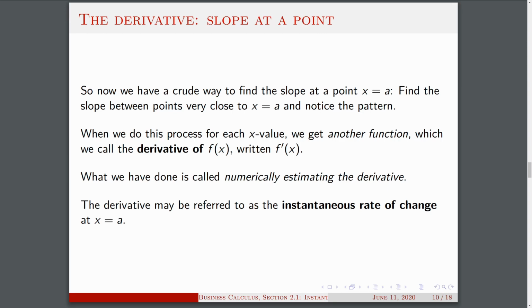So what we have now is a rough way to find the slope at a point. We'll find the slope between 2 points, but we'll make both points very close to the point that we actually care about. And we'll notice a pattern, and there will always be a pattern. This is not the way that we will do it later on.